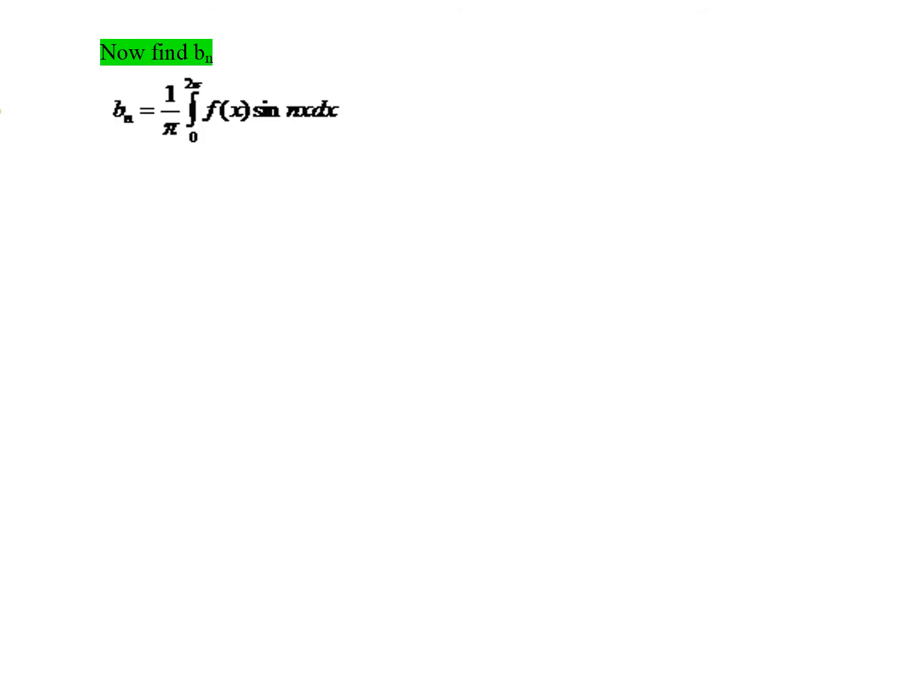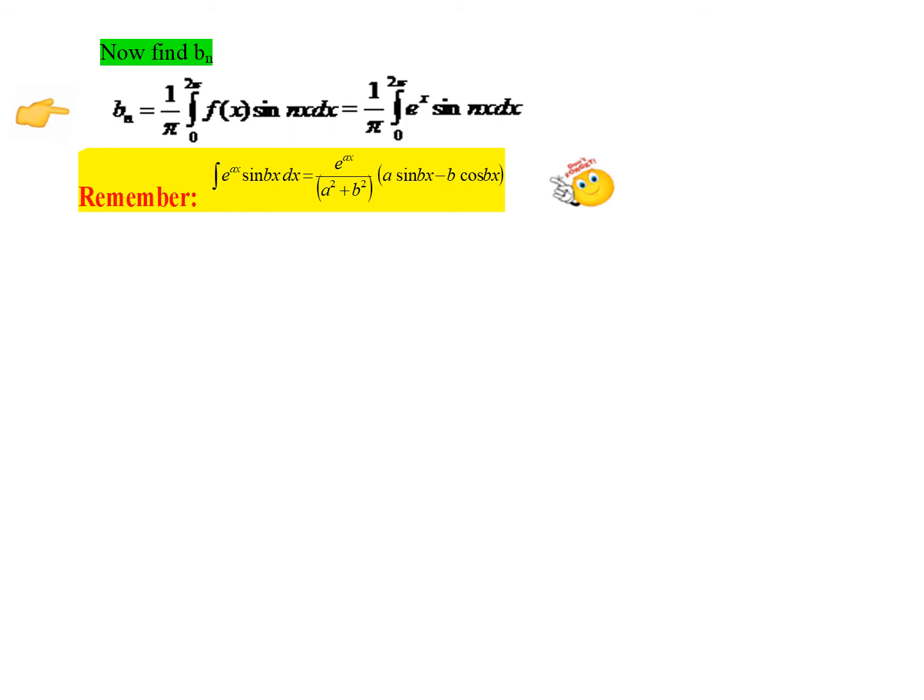Same way we shall find the value of bn. This is the formula for bn, and in the place of f of x we have to substitute e power x, and this is the formula of integration for integral e power ax sin bx dx. Here in the place of a and b we again have 1 and n respectively.